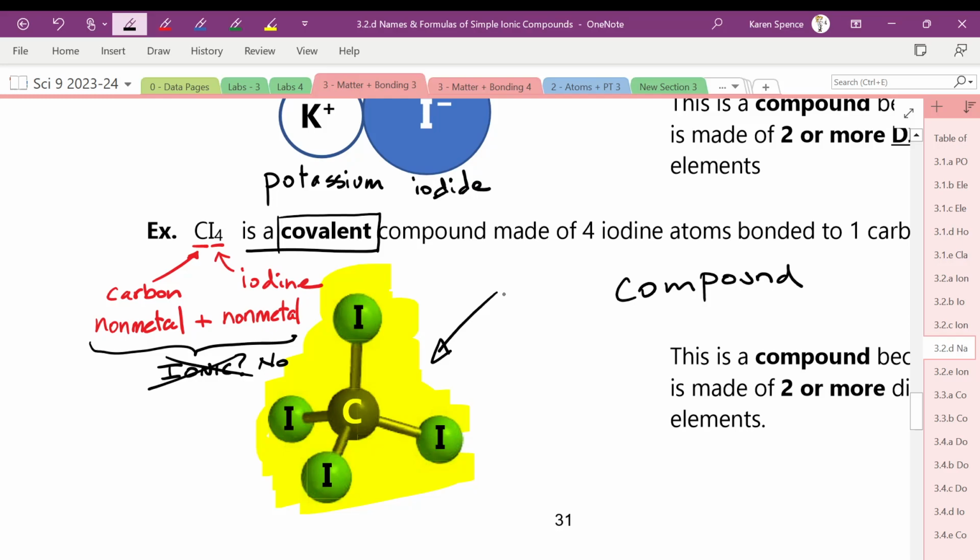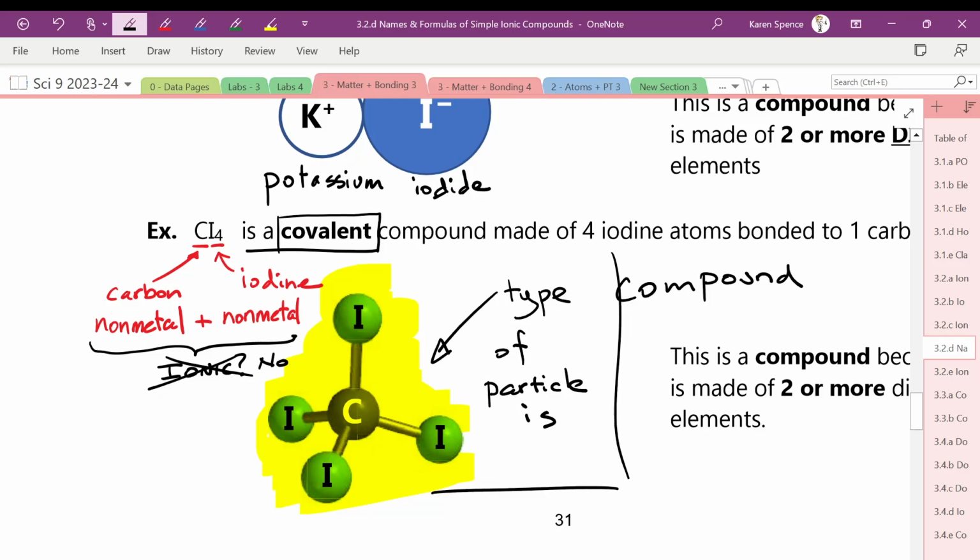But the type of particle is what? We have 5 atoms stuck together. That is a molecule.